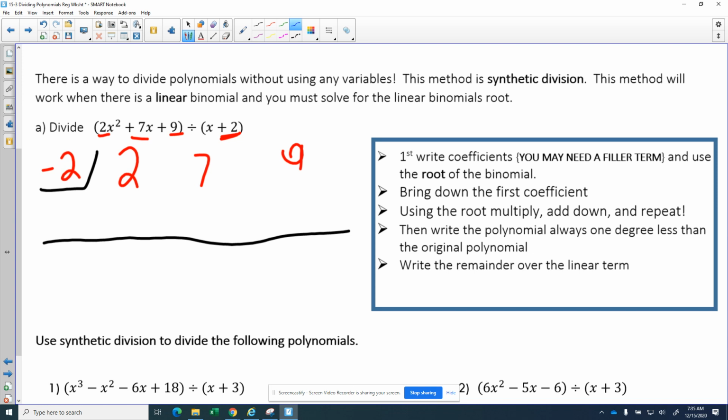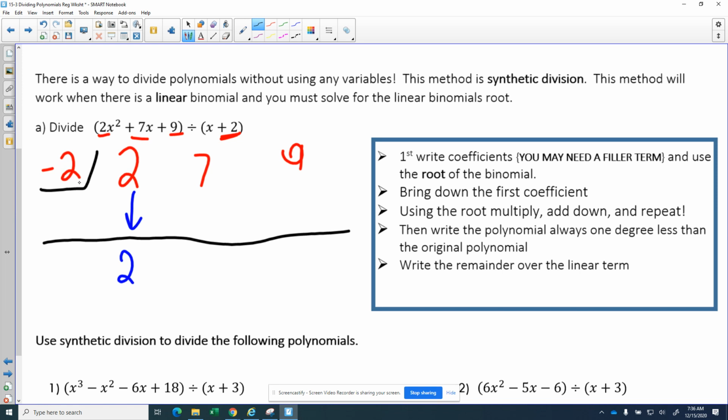At this point, we are officially ready to start our math. And the one thing I can tell you is that when I do the math, it's just a reoccurring pattern until I get to the end. So how this works is I'm always going to bring down the first term. Okay? So I bring down the positive 2. Then this becomes a pattern of multiply, and then we add together.